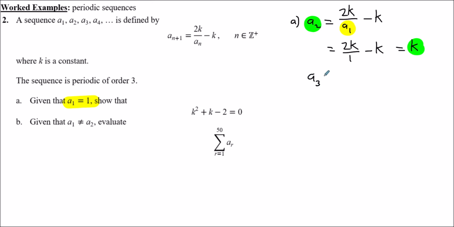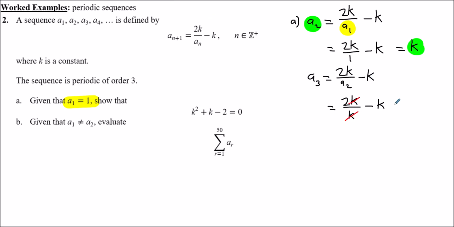Next, we can generate A3 based on A2. So A3 is going to be 2K divided by A2, minus K. And that's going to be 2K divided by K this time, because A2 is K, minus K. If we do that, the K's are going to cancel on the top and bottom.